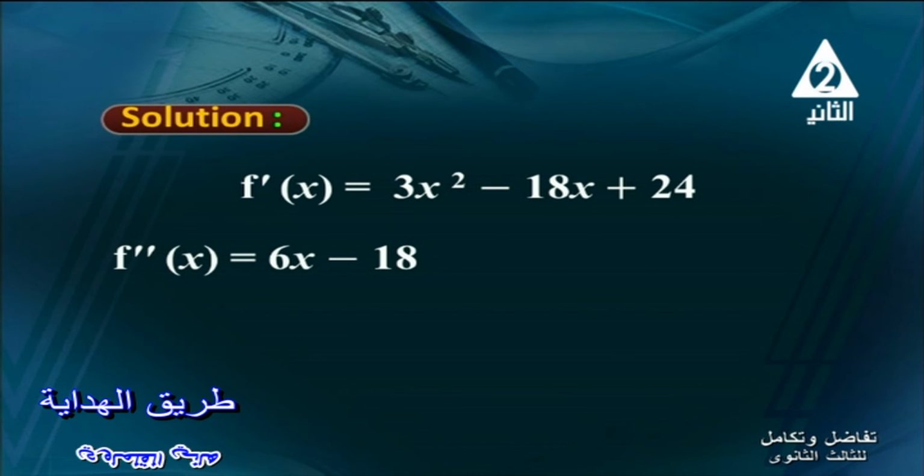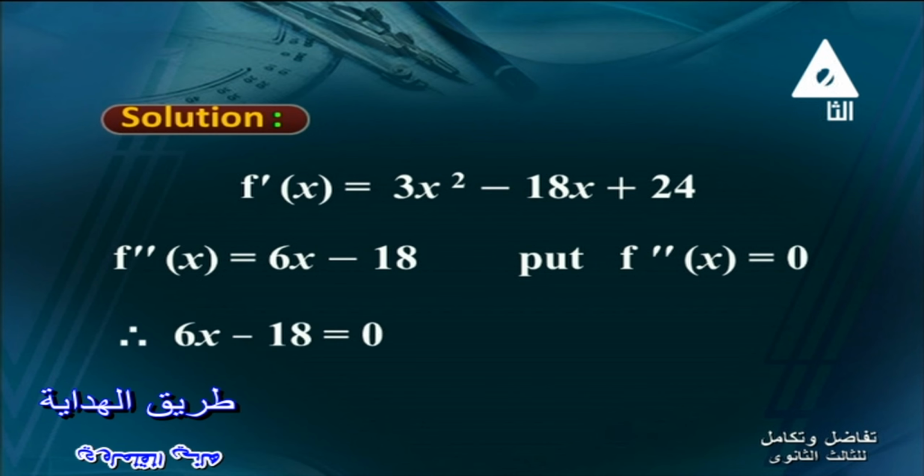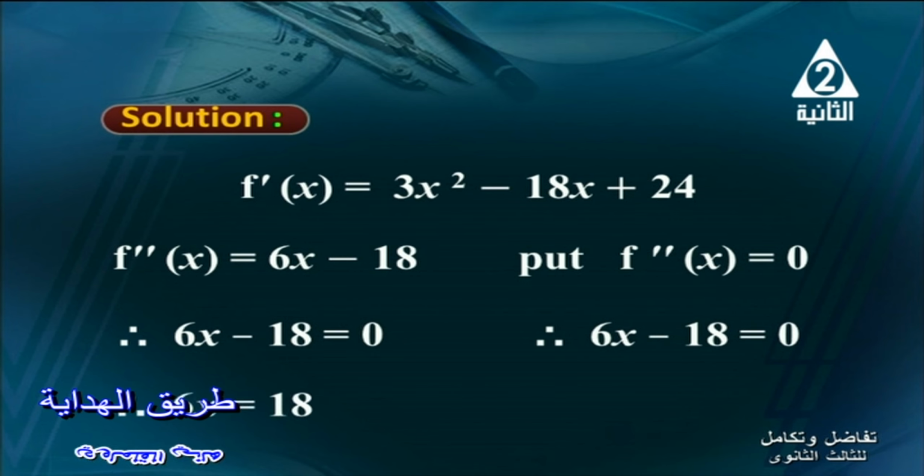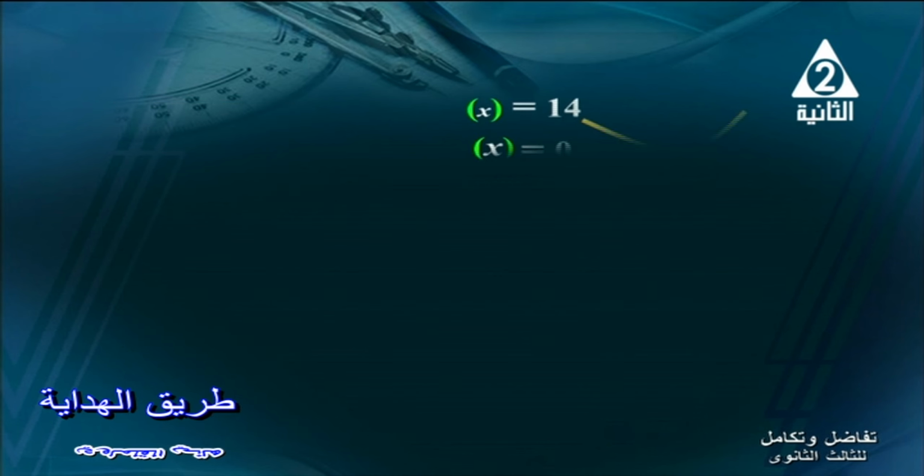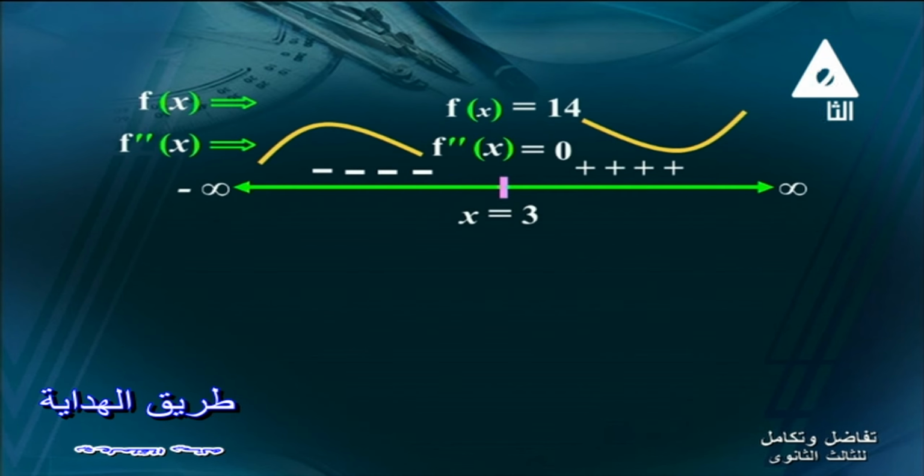Now, put the second derivative f double dash x equals 0. So, 6x minus 18 equals 0, and 6x equals 18. Dividing both sides by 6, the value of x equals 3.